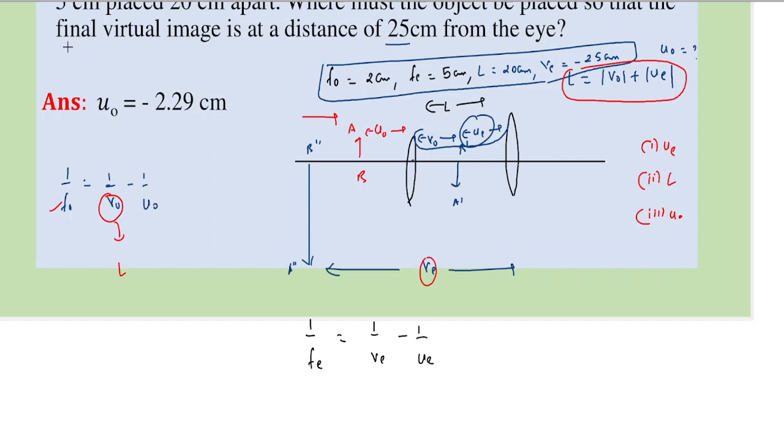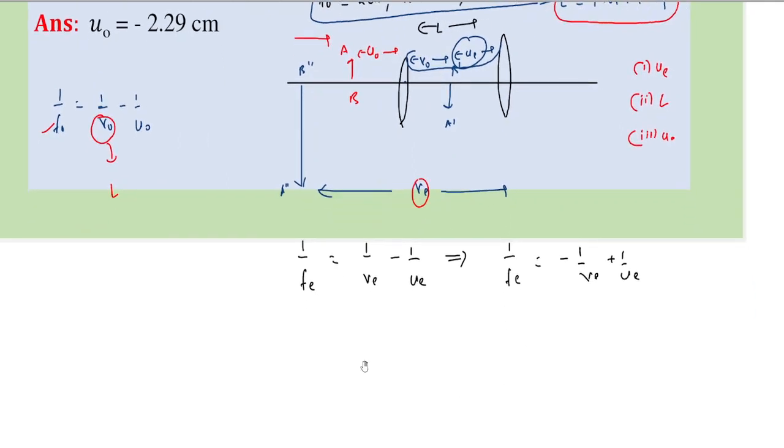Then this equation becomes 1 by FE is minus 1 by VE plus 1 by UE. So from here 1 by UE is equal to 1 by FE plus 1 by VE.